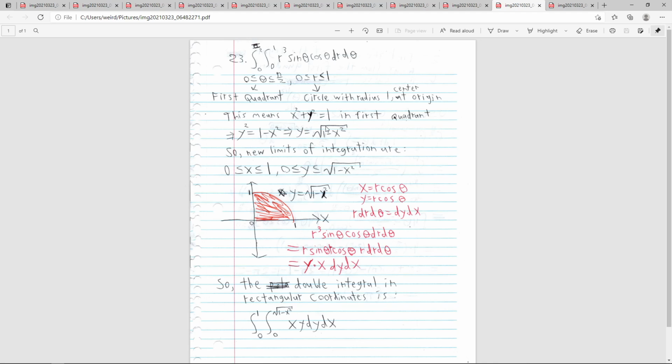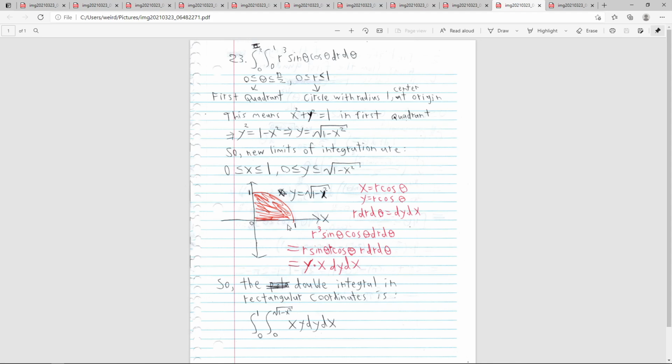So y equals the square root of 1 minus x squared will be your upper limit, because that's your curve there. So 0 to 1 is x, because it's the unit circle, radius 1, centered at the origin. And 0 because it's the first quadrant.